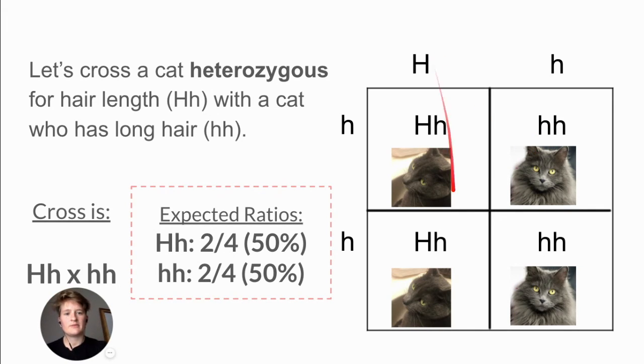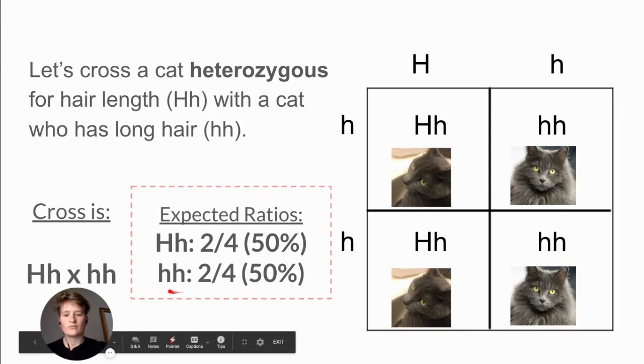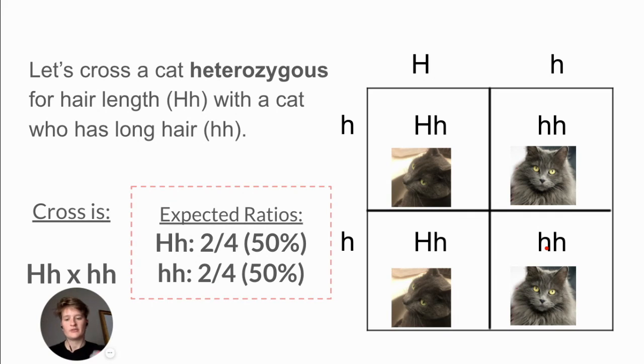So if we keep doing that, we will find out that 50% of the offspring will be short-haired and 50% will be long-haired, because 2 out of 4 have long hair, and 2 out of 4 is 50%.